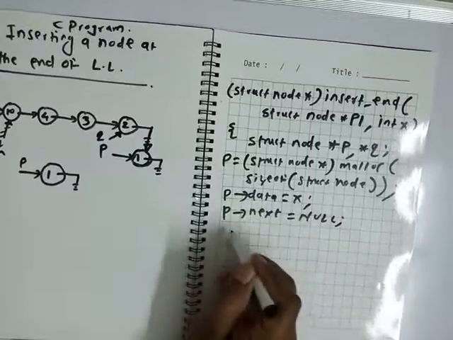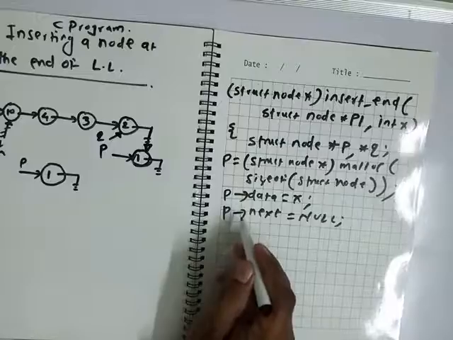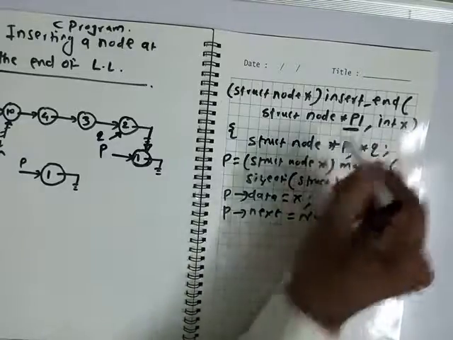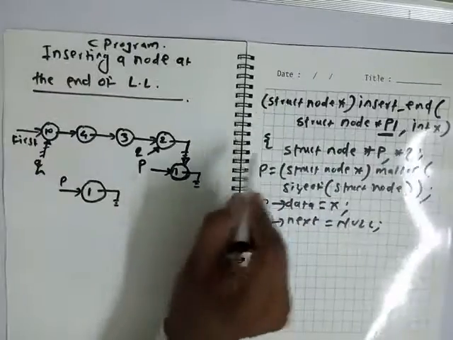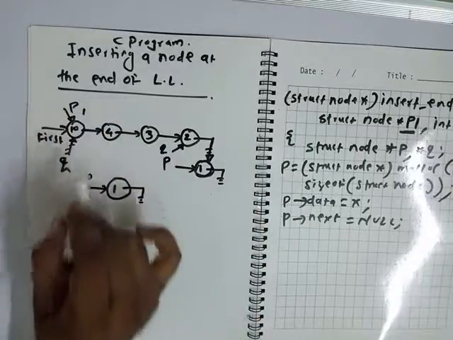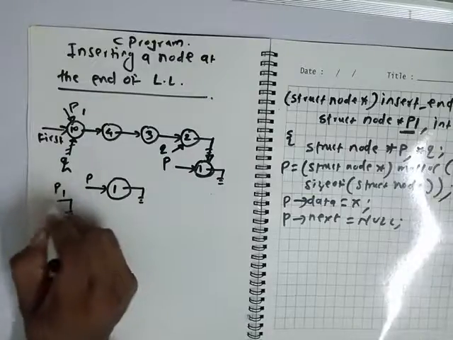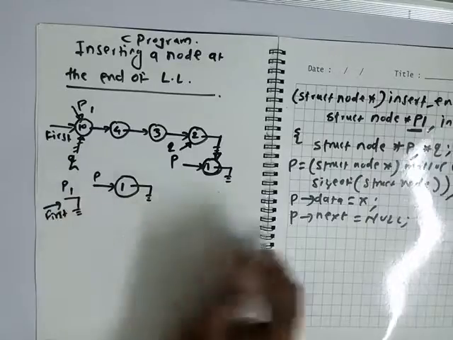Right. Now we'll check whether the linked list passed to us is empty or containing some nodes, simply by checking the value of p1, right? Because p1 is our function insertend's pointer, which is pointing to the first node of the linked list. So here will be our p1 pointing if the linked list contains some nodes, or p1 will be null if the linked list contains no node, right?